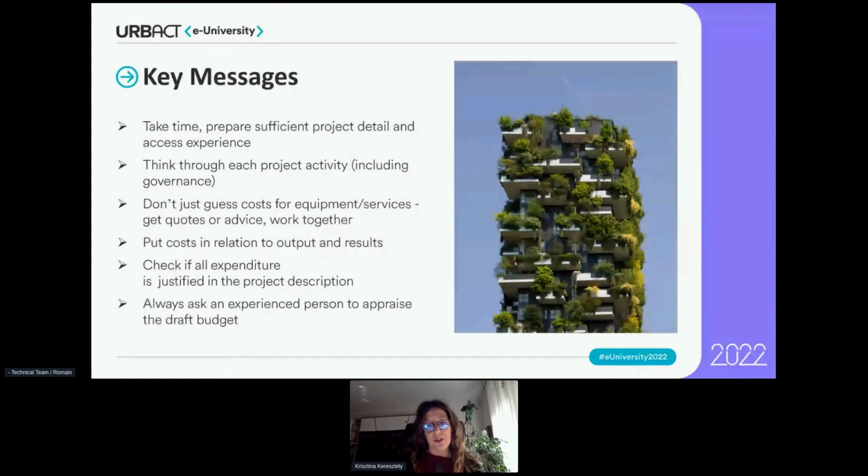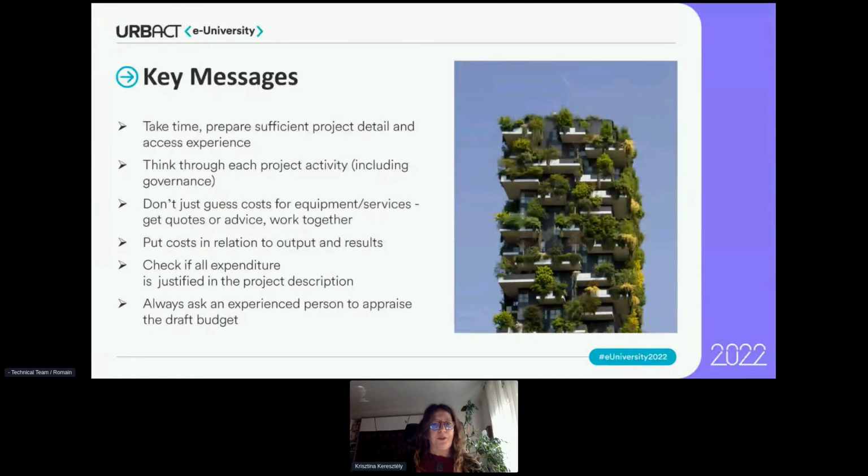Be sure that all your costing headings correspond to the activities, that the equipment, the travels, everything is represented in your costing. And don't just guess costs for equipment and services, but get quotes, advice and work together. So basically, as we said in our quiz, if you just guess the cost, or you just don't put the equipment cost into your budget, that will be a real risk for the feasibility of your activities.